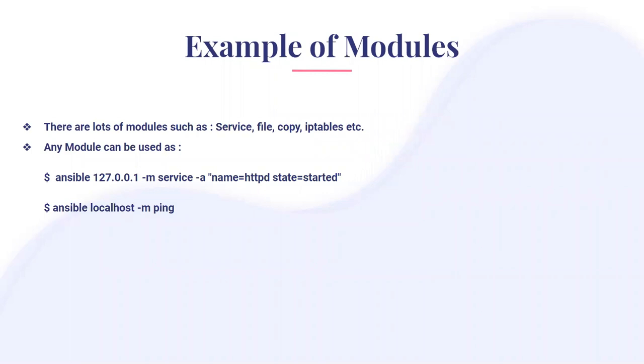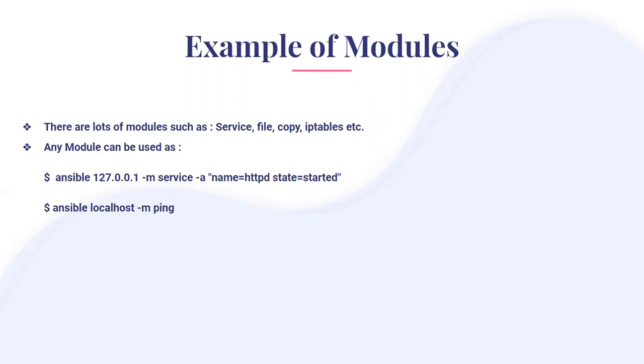Okay, here is one example of how you can make use of a module so that you will get an idea of how it is practically used in a day-to-day scenario. So suppose you want to run some kind of service on your local host or maybe a remote machine, then this is the command which can call that module.